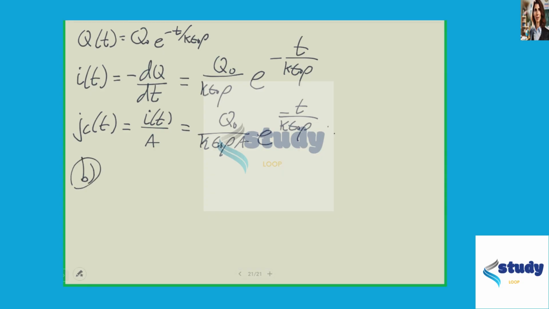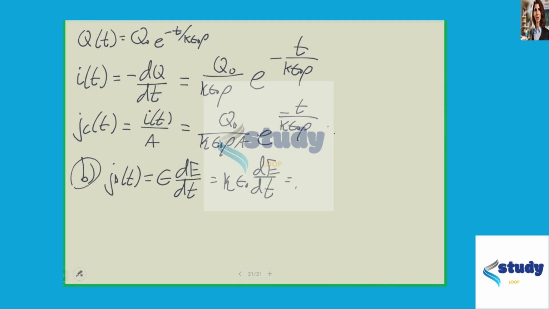Now, how about the displacement current density? So for the displacement current density, we can just go back to the definition. So it's epsilon times dE/dt. Epsilon is K times epsilon 0 by definition, times dE/dt.